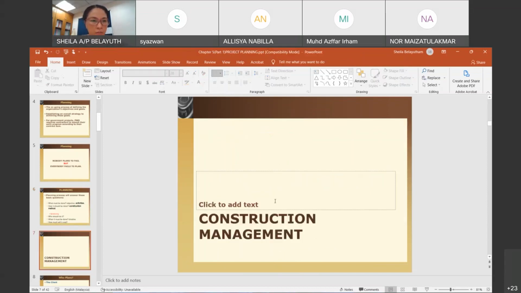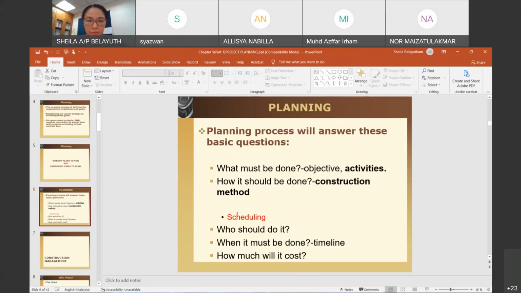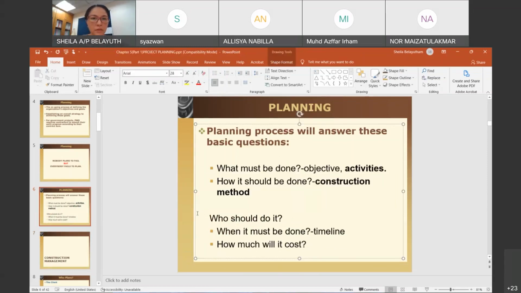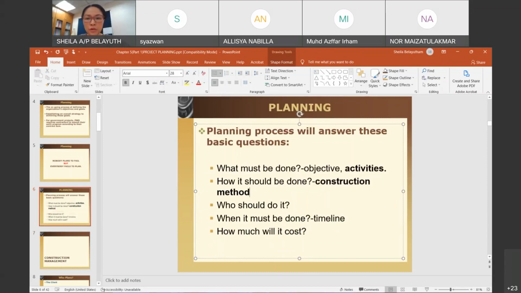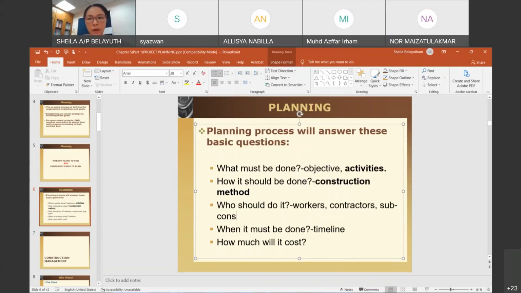So who should do it? Workers. Okay, workers. Okay, contractors, subcons. Okay, so you need to identify all of this. Okay, so you have identified the activities.